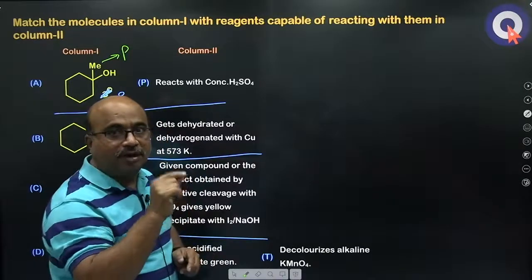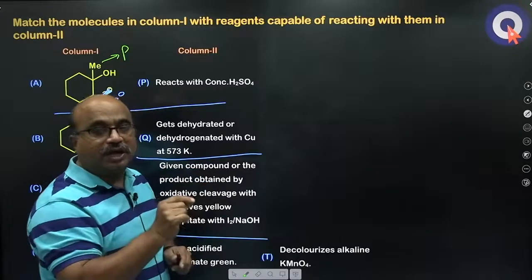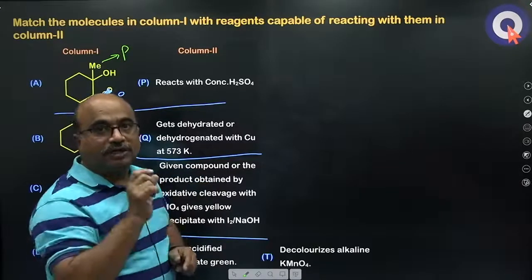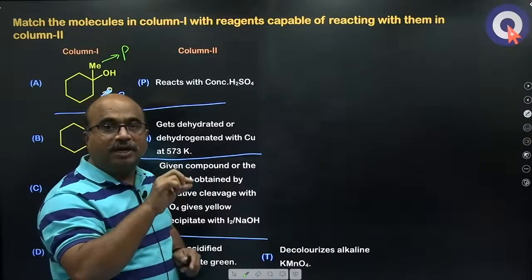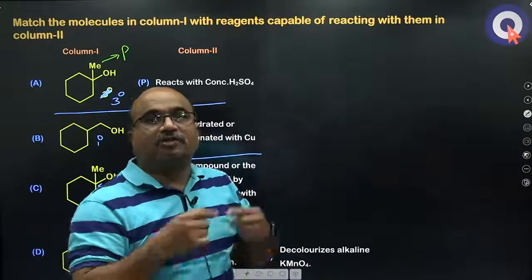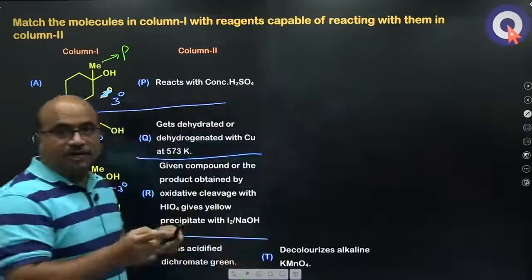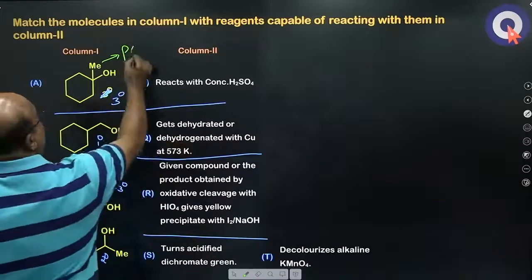Primary alcohols will give aldehydes, secondary alcohols will give ketones, tertiary alcohols will give alkenes. So tertiary alcohols undergo dehydration, whereas primary and secondary alcohols undergo dehydrogenation because it is an oxidation process. There is a loss of hydrogen. So this can be dehydrogenated, so Q also.